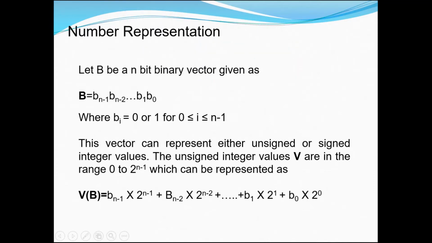So number representation. There are different forms of representation which we will be using. As we know, computers operate on information which is represented by two values, that is, electrical signals labeled as 0 or low and 1 or high.